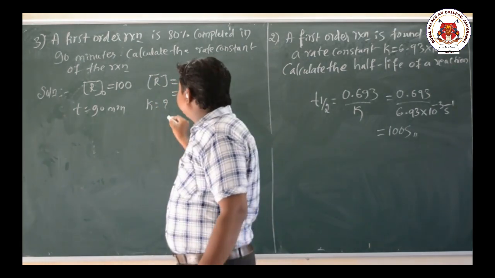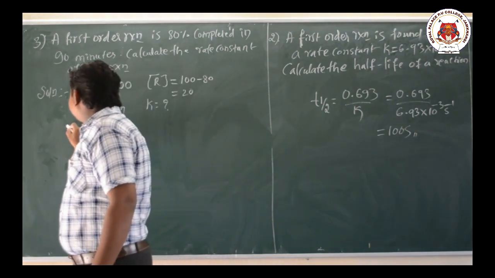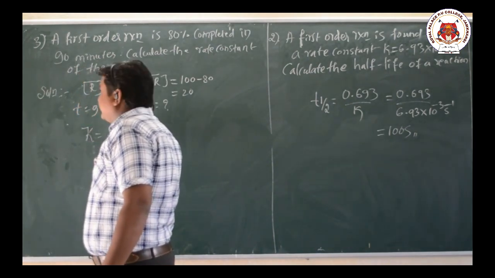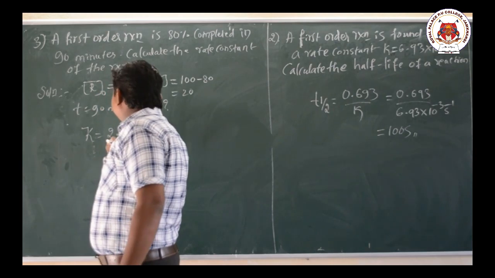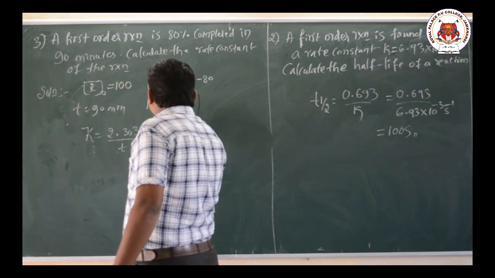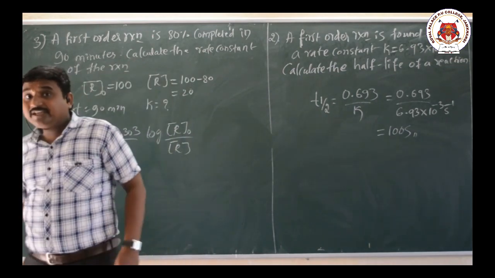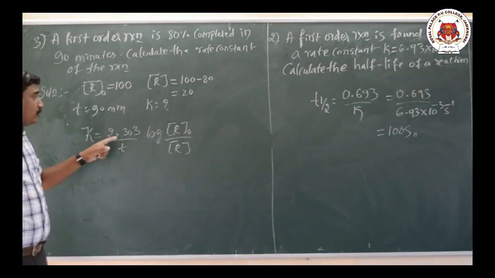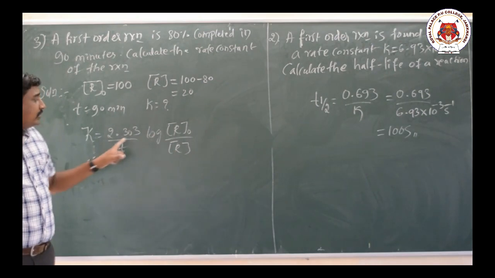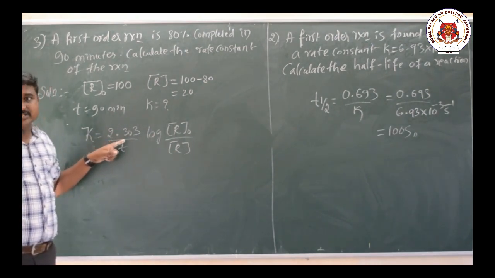For the first order reaction, K equal to 2.303 divided by T log R naught by R. This is the rate constant equation for the first order reaction.